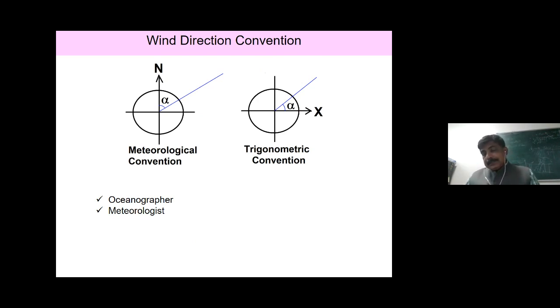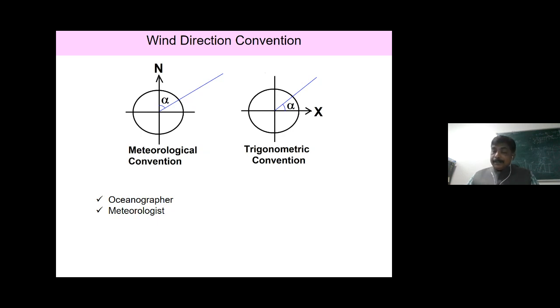What is the oceanographer's interest? In oceanography also, the wind determines the direction of the surface current, the ocean current. So the oceanographer's interest is in which direction the ocean current or surface wave is going. Why? Because in that direction his boat will go. Whereas a meteorologist finds he should get air from the direction where the wind is fresh.